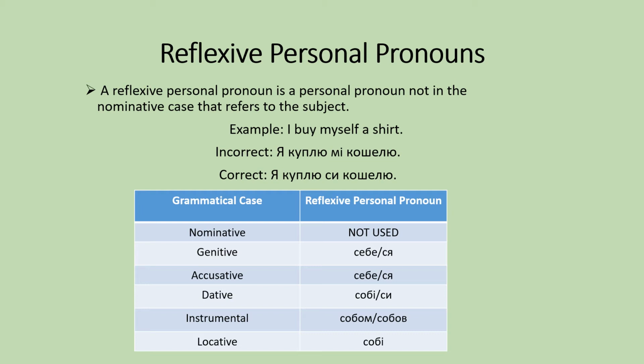Now we'll go over the reflexive personal pronouns used for each grammatical case. Remember, for the nominative case, a reflexive personal pronoun is not used. In the genitive case, the reflexive personal pronoun is sebe, or also sha. In the accusative case, it is sebe, or also sha.